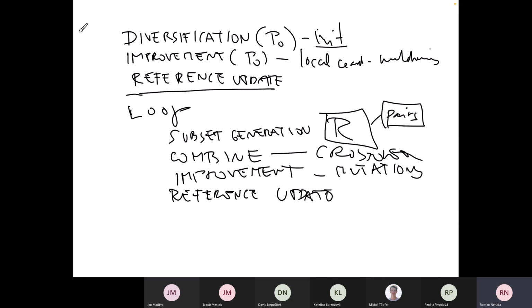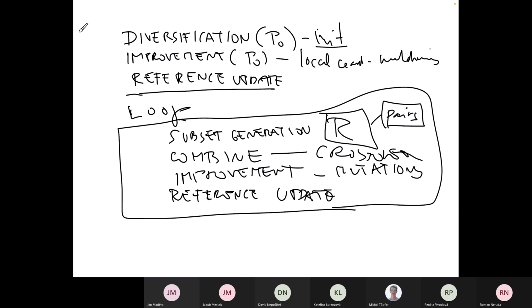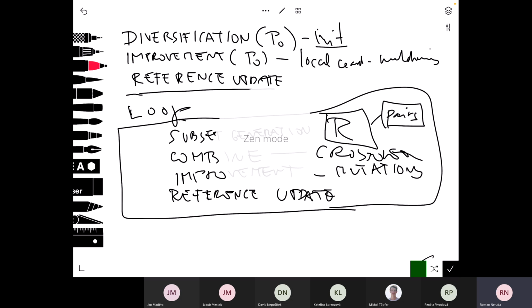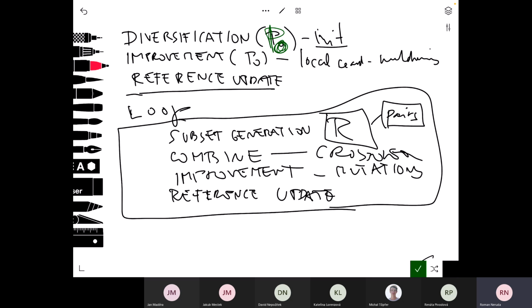And so this is the basic idea of the loop. So what you see is that you have the population here. You're initializing the population. You're doing local search on the population, and then you're doing the update of the reference points.